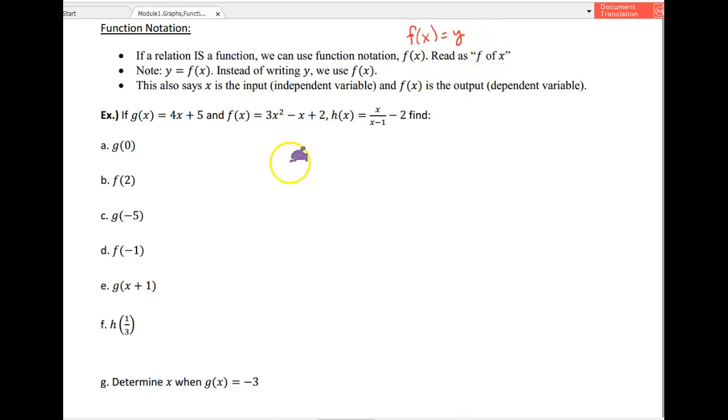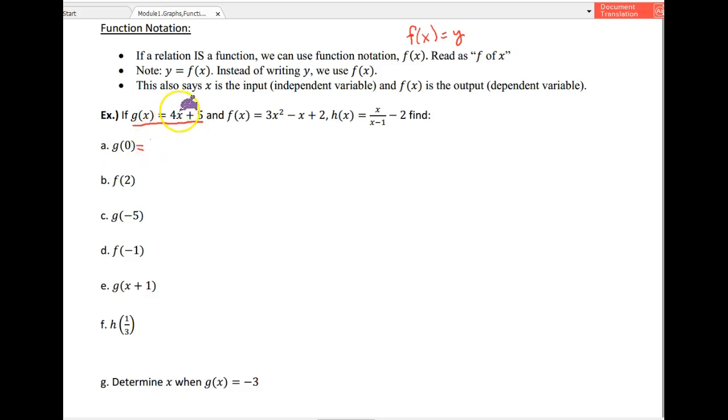Now, in this first example, we are given different equations, and we can determine which one we need by the name. So this one says g of 0, and that's saying input 0 wherever you see an x and figure out the y value. So using this first equation here, g of x equals 4x plus 5, everywhere I see an x, I'm going to replace it with 0.